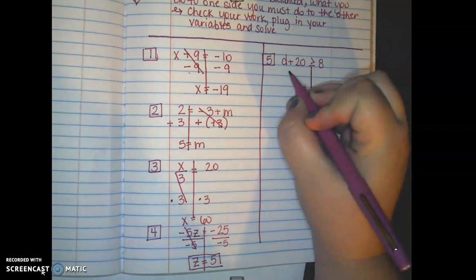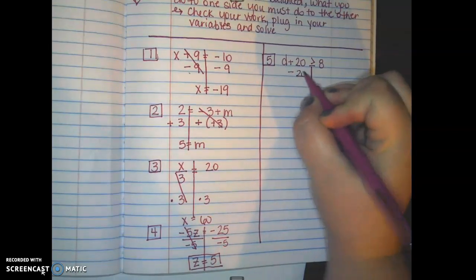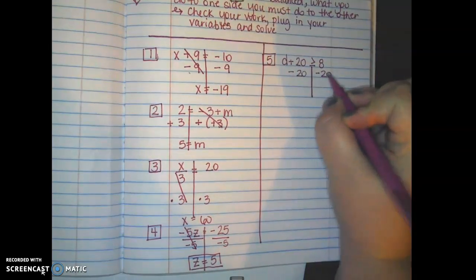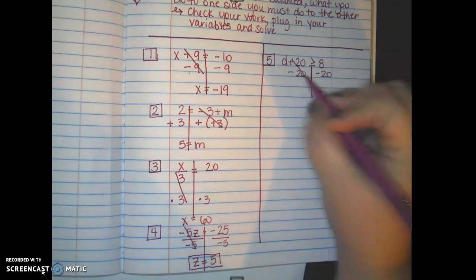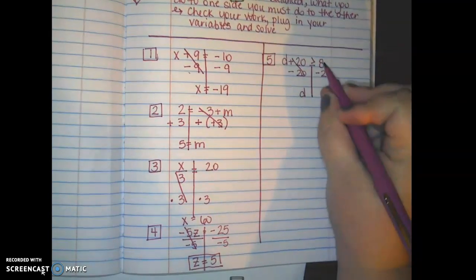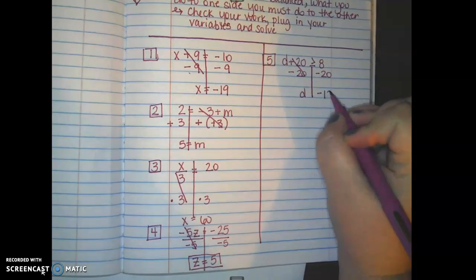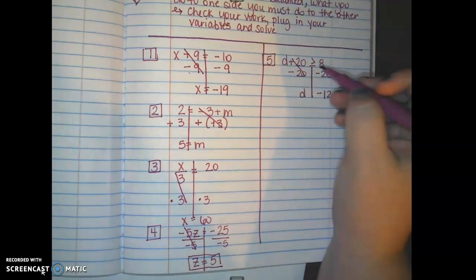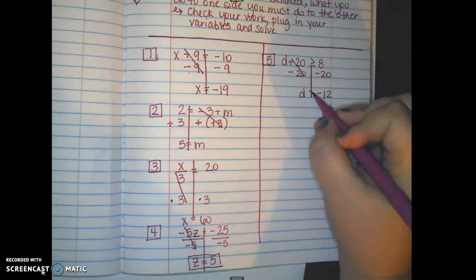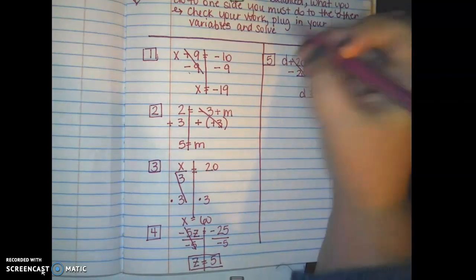And I'm going to subtract 20 from both sides. Those cancel, and d equals 8 minus 20, which is negative 12. And then we look at the symbol. Okay, our symbol is going to stay the same for this one, but we need to make a little note.